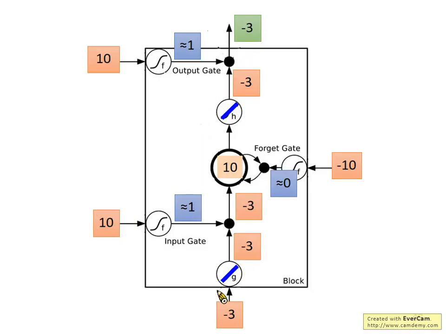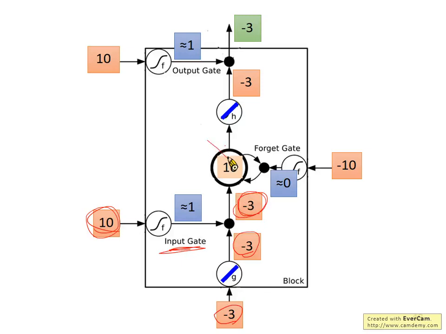Let's think about another signal. Assume the input signal is minus 3. After the linear function, we still have minus 3. The input gate is open because the value of the control signal is large. Then we multiply minus 3 by 1 and get minus 3.